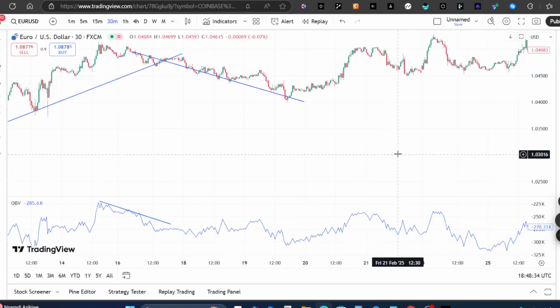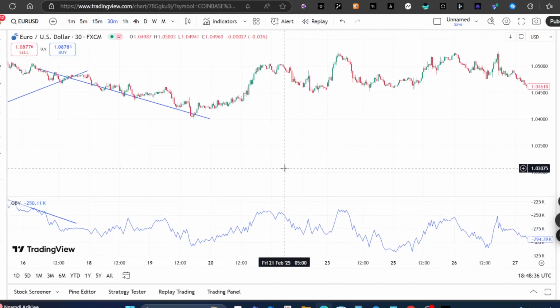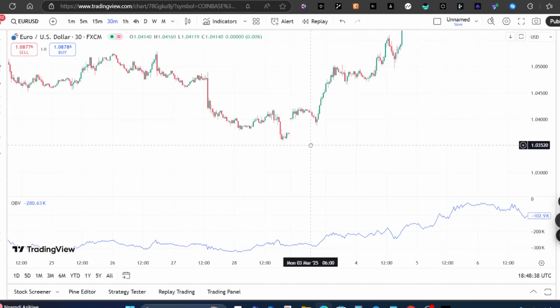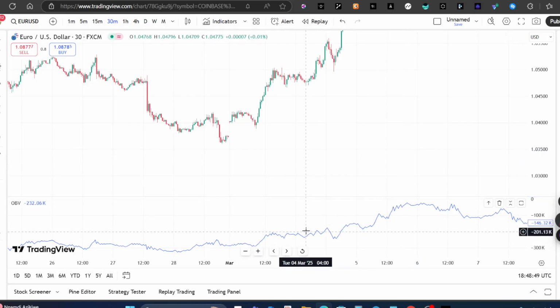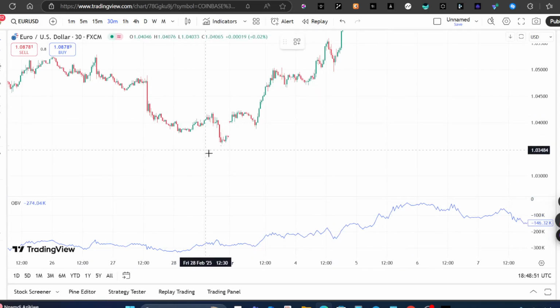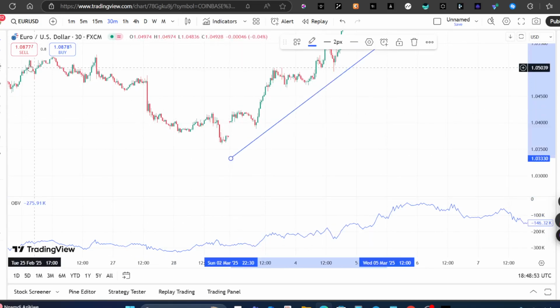On the other hand, if OBV is moving up alongside price action, that suggests strong buying pressure and a higher likelihood of the trend continuing, like what we had here.